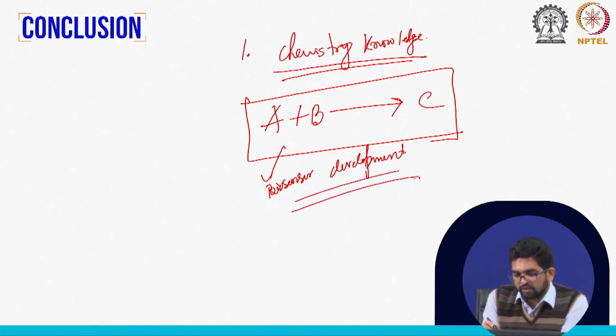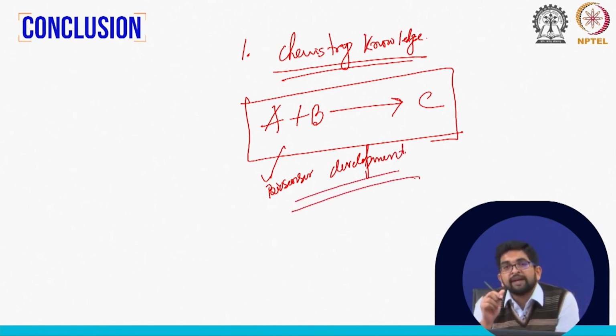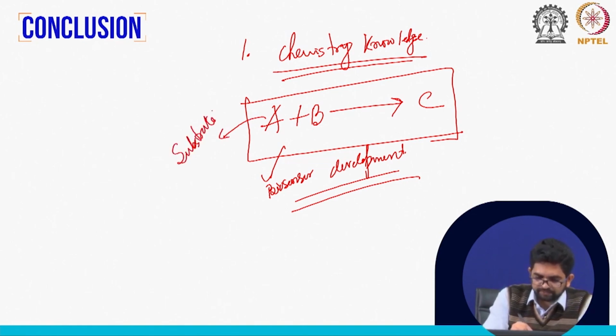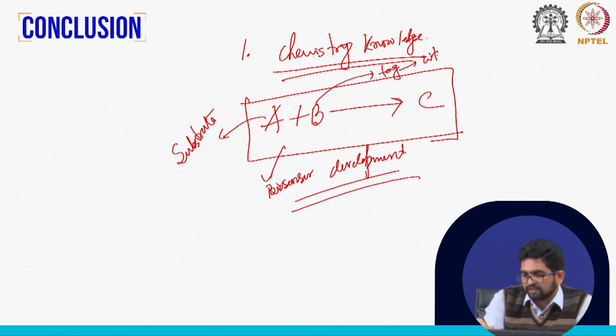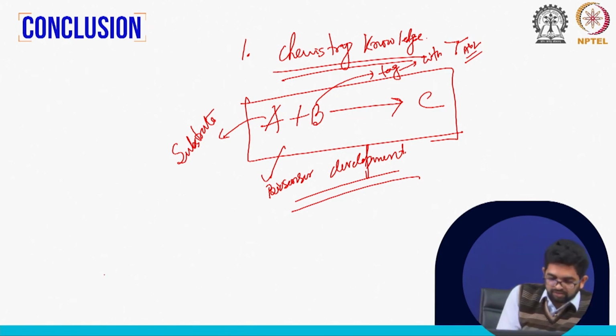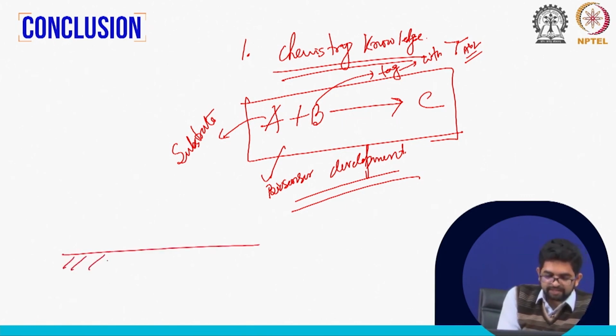In your mind you have one scheme, A plus B forming C. How will you use it? Suppose A is a substrate, and B you can tag with a secondary antibody. So, let us make a biosensor.